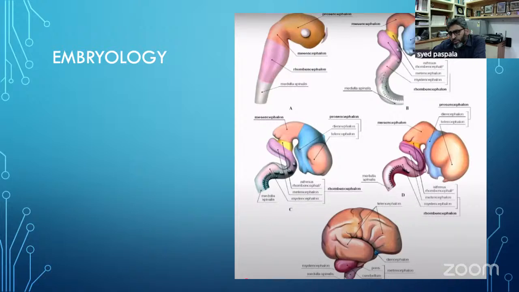The epithalamus involves the pineal gland, the posterior commissure, habenular commissure, and then the subthalamus has zona incerta, subthalamic nucleus, and fields of Forel. So these structures develop from the diencephalon. And the telencephalon gives rise to all these cortical structures, the frontal lobe, parietal, occipital, and the temporal lobes.